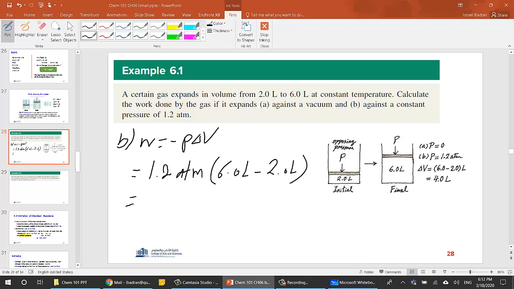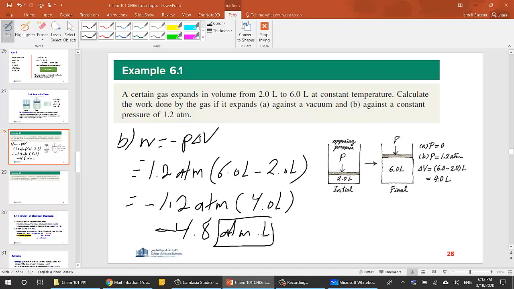Don't forget there's a minus here. So it's minus 1.2 atmosphere multiplied by 6 minus 2, which is 4 liter. That will give you an answer of minus 4.8 atmosphere liter.